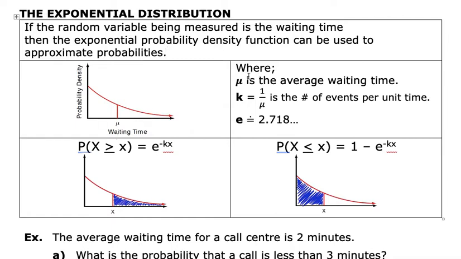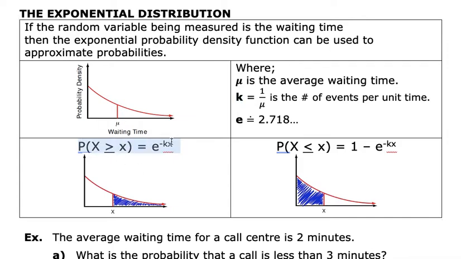So that being said, mu is the average waiting time. And then this variable k, which is 1 over mu, is just a way of simplifying the formula, and is the number of events per unit time. e is a constant, approximately equal to 2.718, and that is what we'll have as our base for our formula.